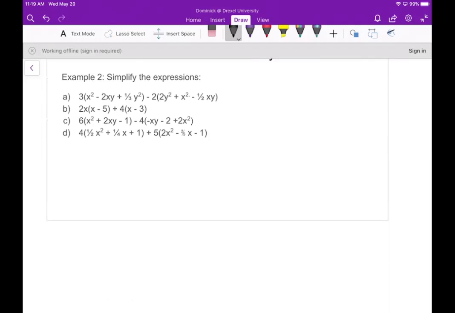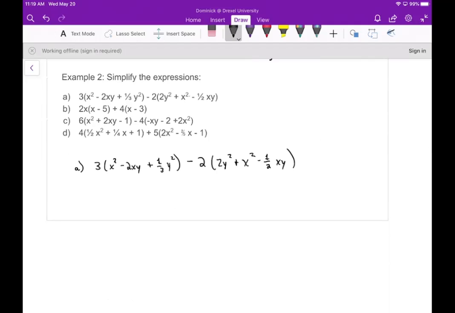Okay, so for example, in part A, we have 3 times x squared minus 2xy plus 1/3 y squared. And then we want to subtract 2 times 2y squared plus x squared minus 1/2 xy.